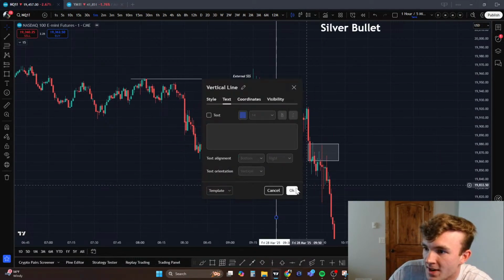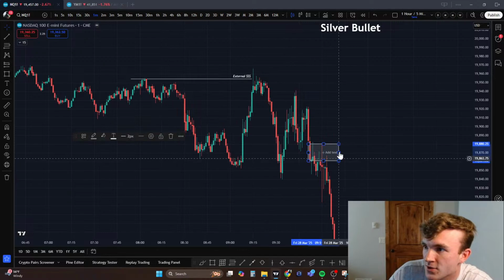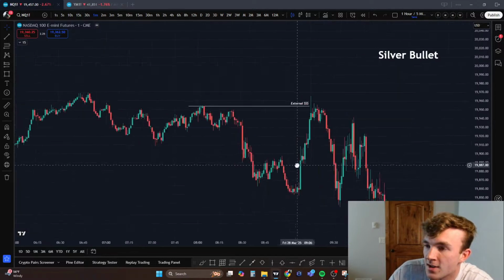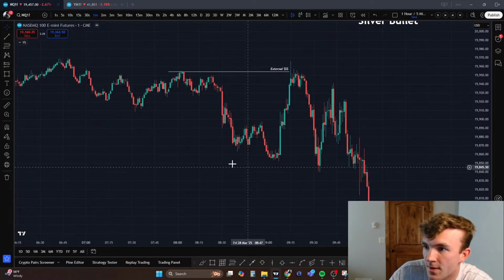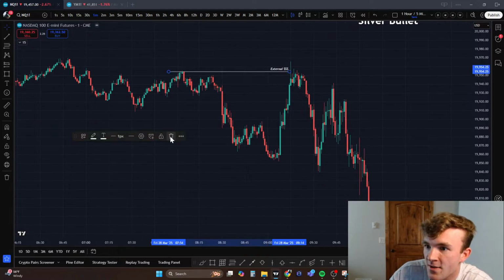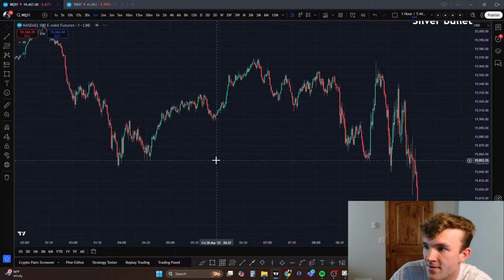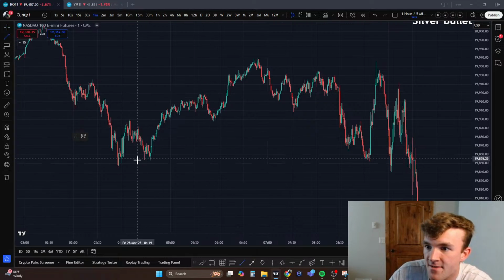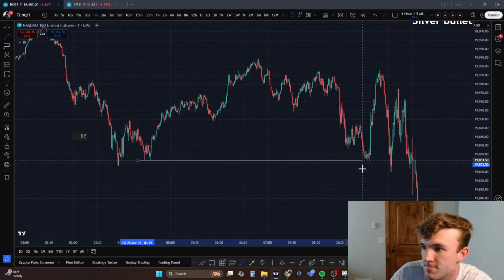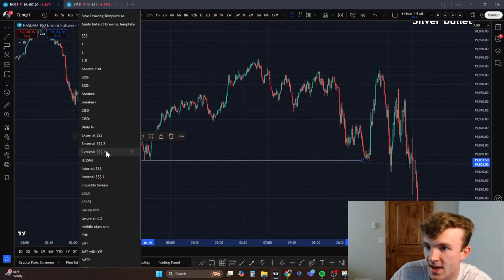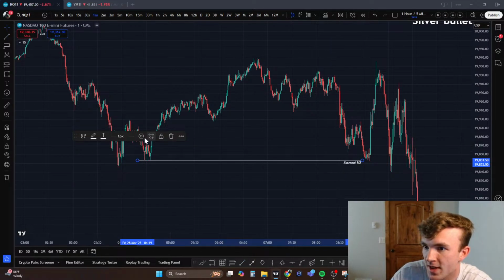So we'll mark out the silver bullet later. Let's start with this first 2022 entry here. External sweep. Actually, let's mark out first that we didn't have a break of structure here, so this isn't valid. So we're just going to show that off real quick.